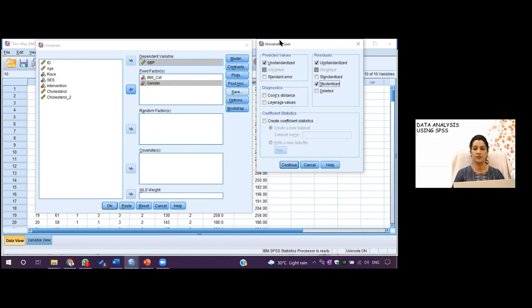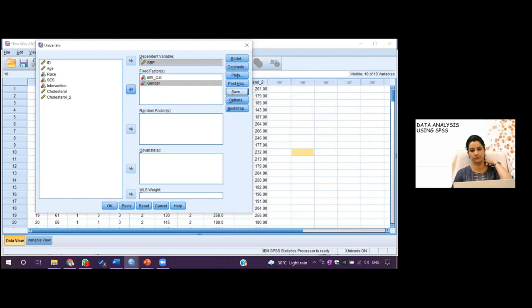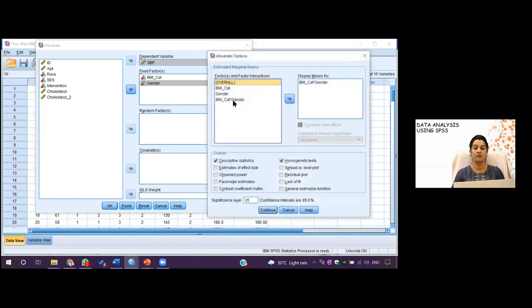That is checked on the residuals, which is the difference between the predicted and the actual value. So you click these three: unstandardized predicted value, unstandardized residual, and studentized. Press Continue. So I have clicked three options, right? I have clicked Plot. I have clicked this option where I have entered this into display means.